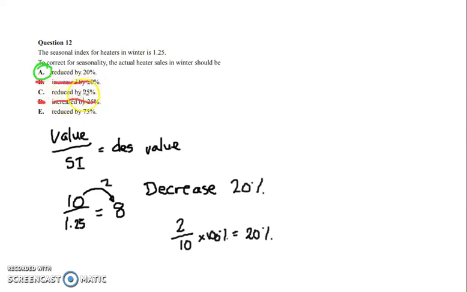So these ones here have 25% listed in them, and one's reduced and one's increased. So if we can work out the reasoning why it's 25%, hopefully we can find that common misconception. So if we look at these two values, we started by substituting the value of 10, we got to a value of 8. If we did this calculation, we wanted to find a percentage, this one equals 1.25.